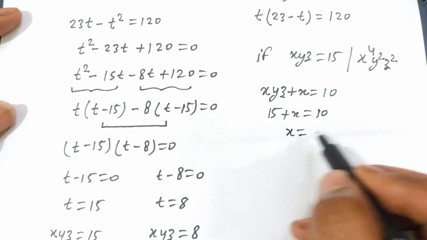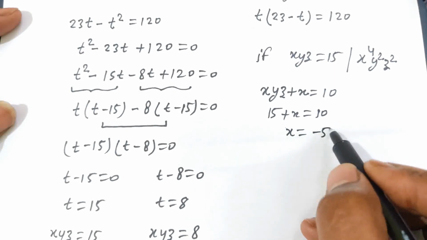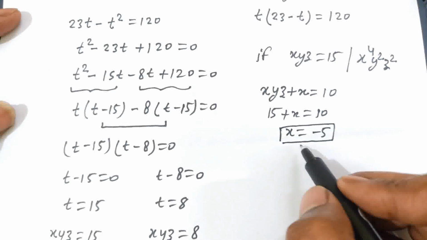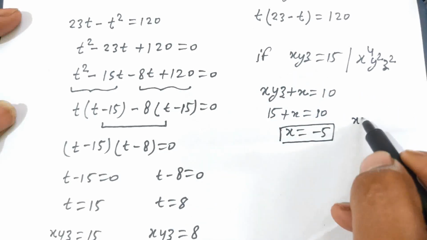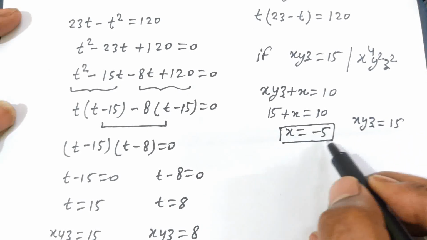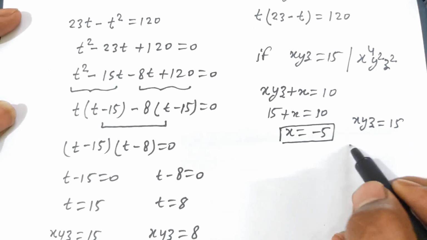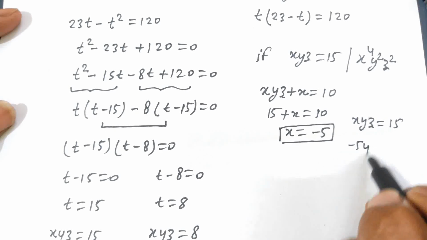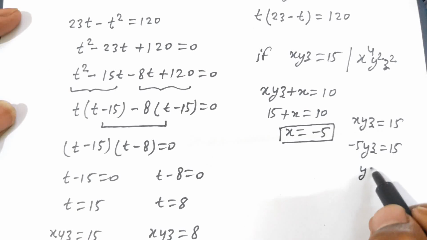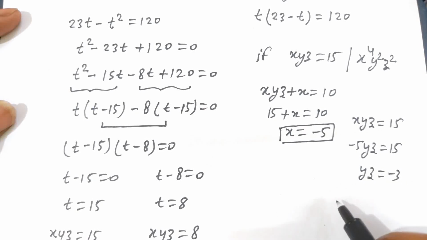Then the value of x is 10 minus 15, that is minus 5. And x times y times z is equal to 15, and we know that x is equal to minus 5. If x is replaced by minus 5, then minus 5 times y times z is equal to 15, and if we divide both sides by minus 5, then we get y times z equal to minus 3.